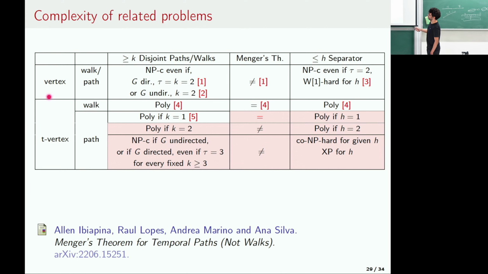So for instance, if I want to talk about vertex disjoint walks or paths and vertex separator, then Menger's theorem is not true. If I want to talk about temporal disjoint walks, then Menger is true. If you are talking about temporal separators, it's a big table. So yes, I want to finish here because it has been a long time now.